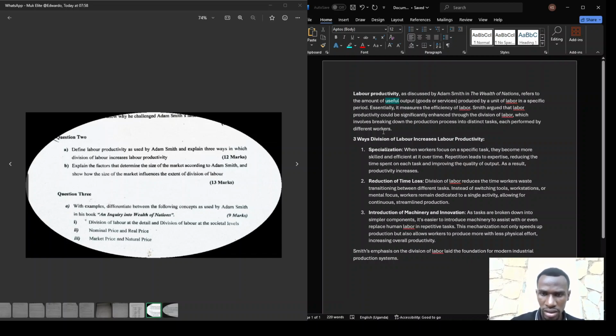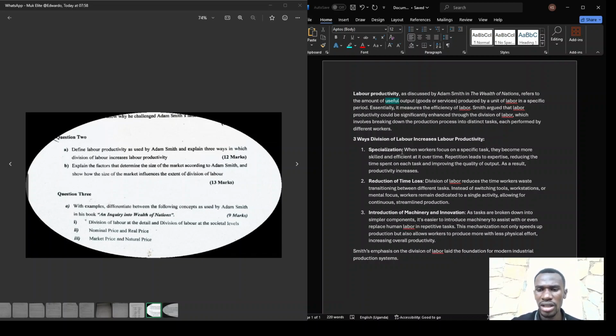So 3 ways division of labor increases productivity. First of all, specialization. He said when workers focus on a specific task, they become more skilled and efficient over time. Repetition leads to expertise, reducing the time spent on each task and improving the quality of output.